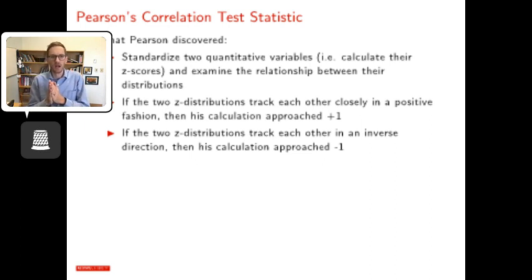And if they tracked each other in an inverse direction, then his calculation approached -1. So on the next slide, I'll show you the Pearson's r correlation test statistic formula.